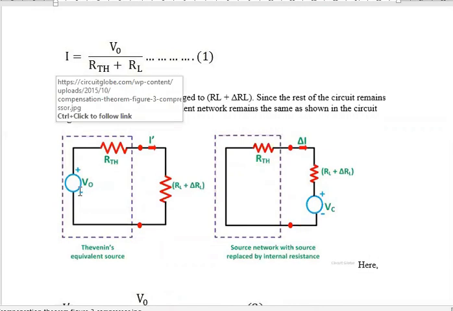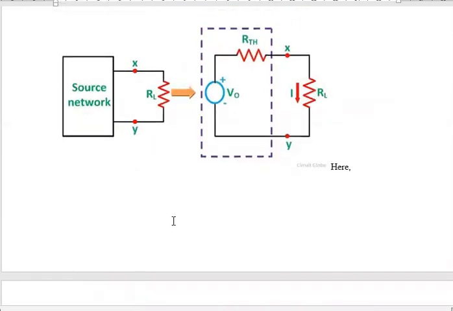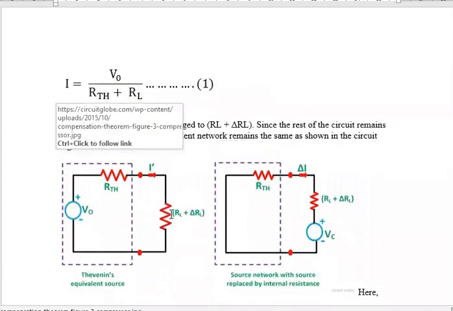The same previous circuit, V0 in series with RTH. Now in case of load branch, previously it is only RL. Now the load branch resistance RL is changed to RL plus delta RL.